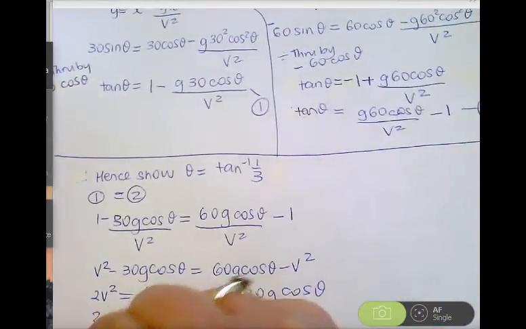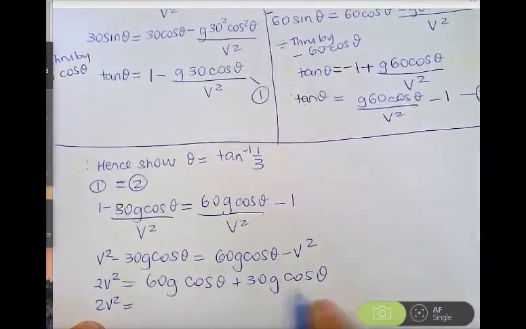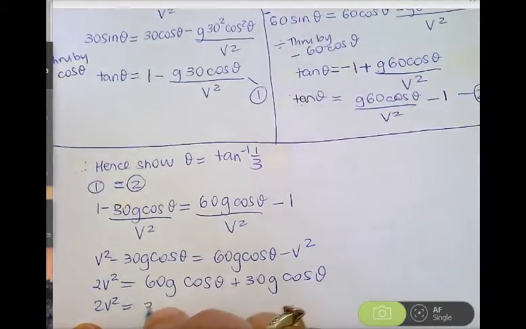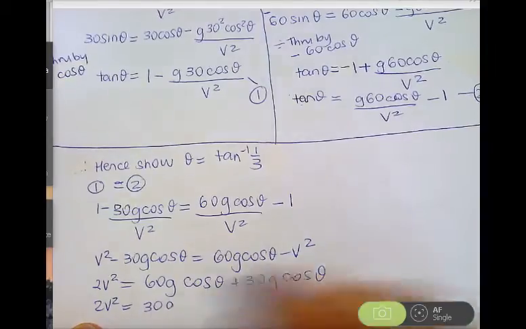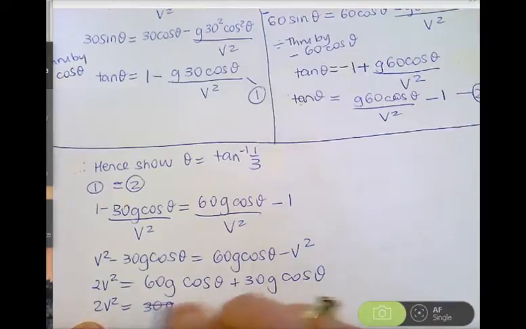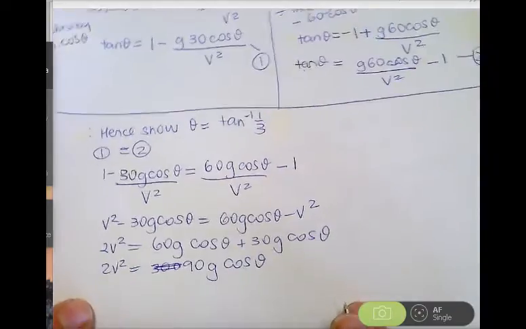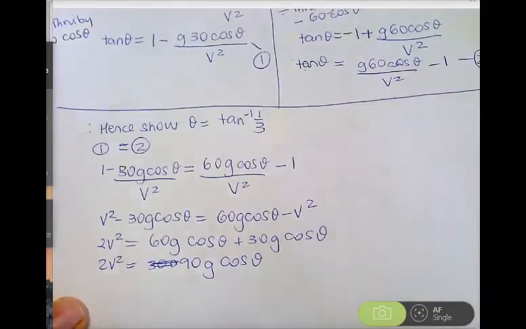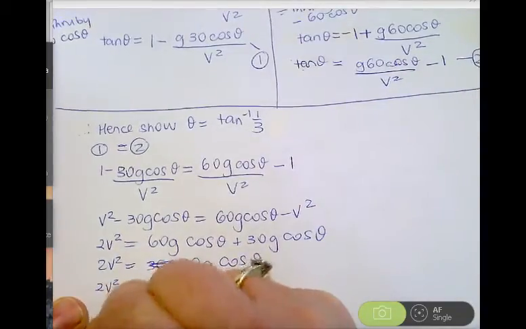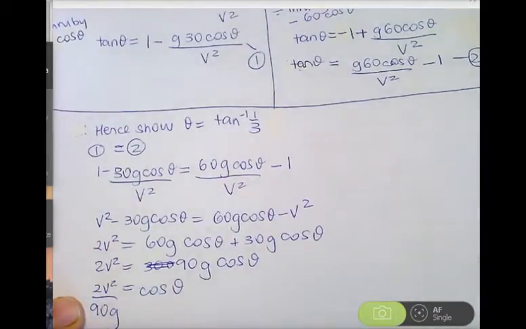I could probably factorize out cos theta. It's 90g cos theta. But I don't think I can really do anything with this. I would get 2v squared on 90g is cos theta. There's no way I'm going to get tan theta.